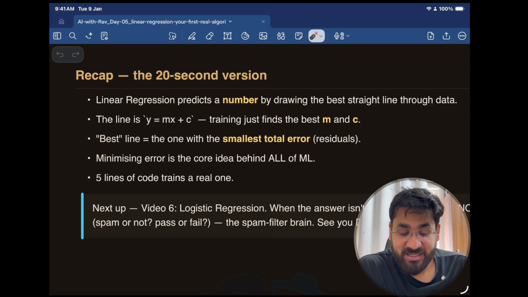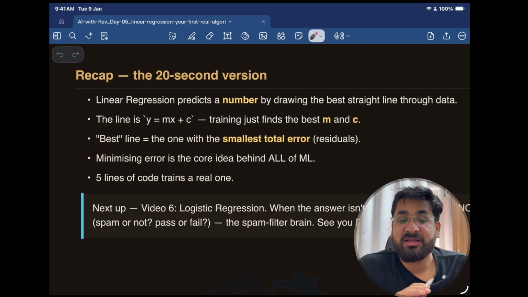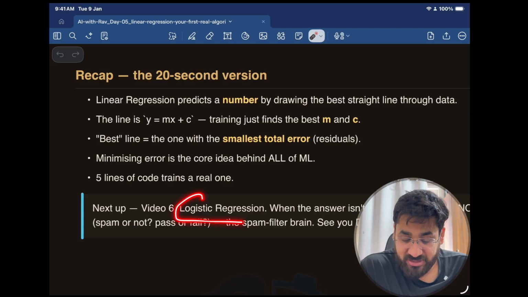Third, the best line is the one with the smallest total error. And the fourth one, minimizing the error is the core idea behind all machine learning. And the last, 5 lines of training a real model. Next, we will learn about logistic regression.